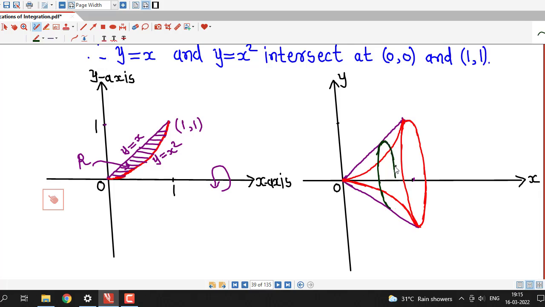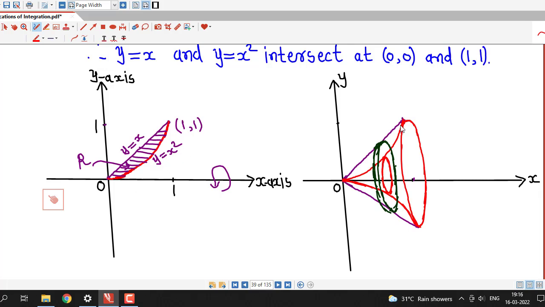If you cut this solid perpendicular to the x-axis, then the cross section will be a hollow disc, which we can understand. If we consider this one, then for y equal to x square we will have this disc, and for y equal to x we have this disk, denoted by green color.